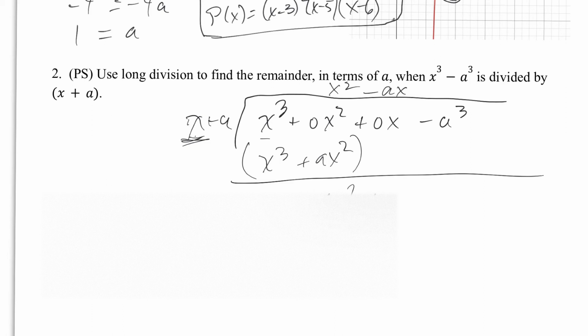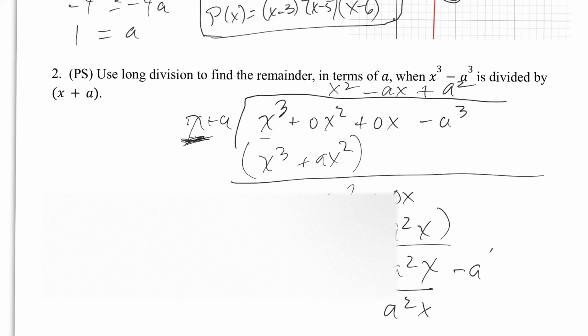I'm going to bring down this 0x, and that's going to be minus a squared x, and I'm going to subtract this, and I'm going to get plus a squared x, and then to get from x to a squared x, I need to divide by a squared, okay, and then I get a squared x.